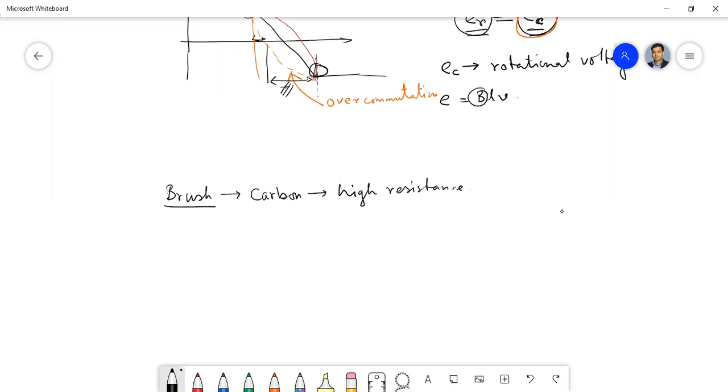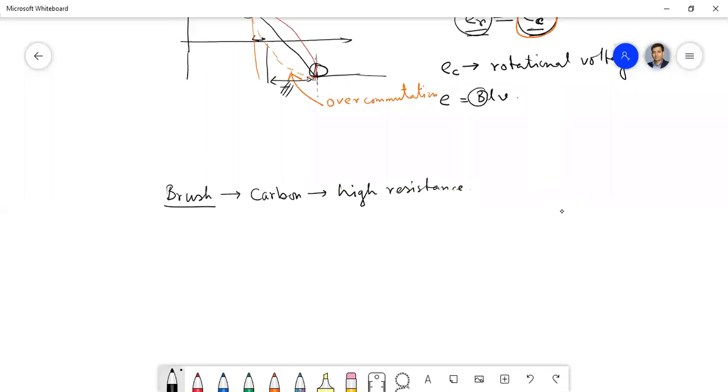Okay, because when the coil is going under the commutation, so in the discussion when we have discussed the commutation process, if you can remember what we assumed that the thickness of the brush is equal to the thickness of the one commutator segment.